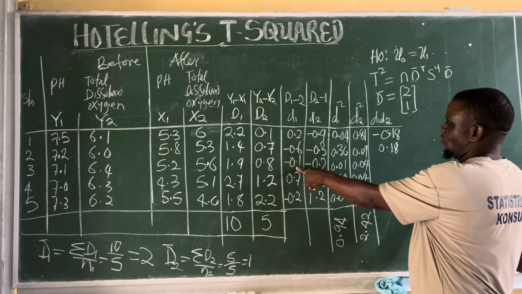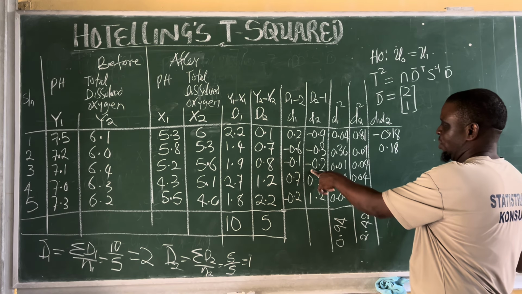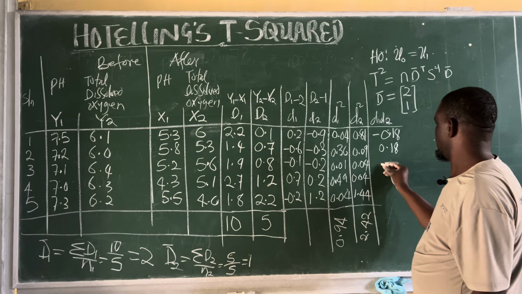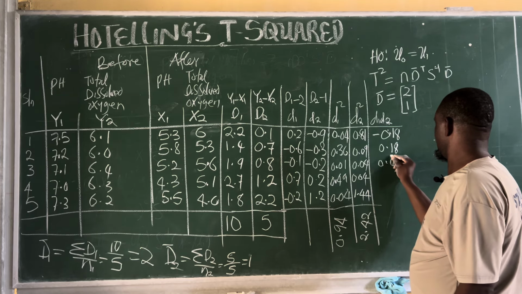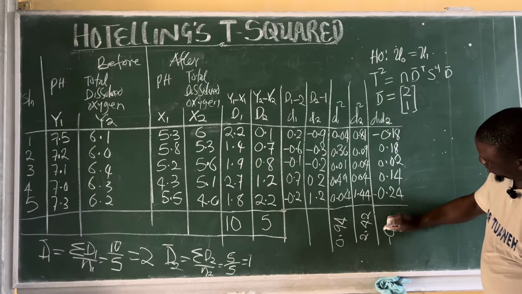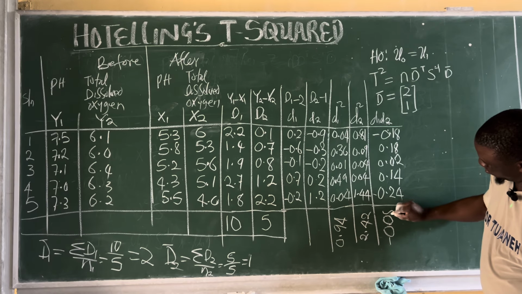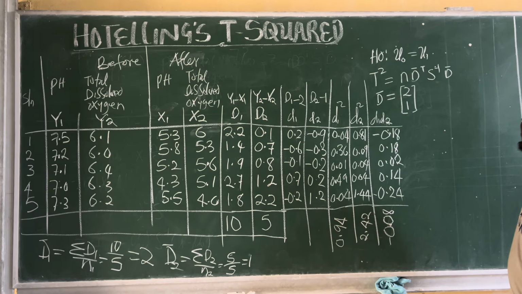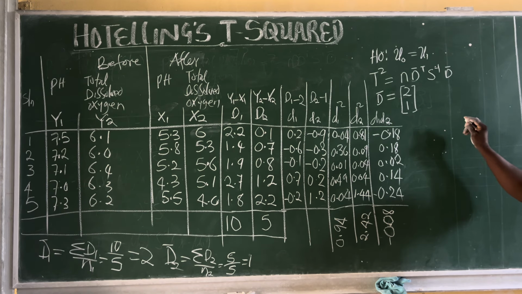Then minus 0.1 times minus 0.2 is 0.02. And if we sum that, we get minus 0.08. Okay. Now, we can continue with this.